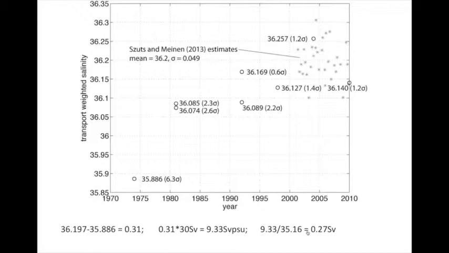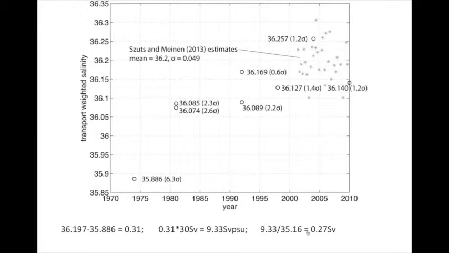The transport weighted salinity takes account of the fact that the transport is highest at the surface where the salinity is highest. So when you want to multiply something by transport, you use a transport weighted rather than an area weighted property. Actually, the area weighted salinities have the same structure. So that's what we like to use in these calculations.